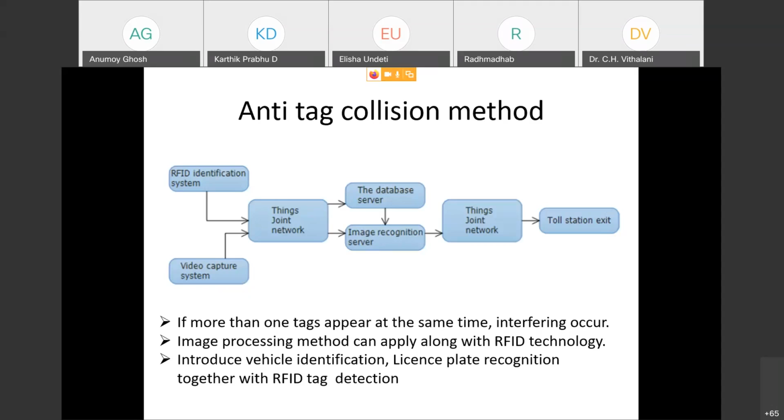One thing that happens is image processing: along with the RFID identification system, there is an image processing block where a camera is fitted, which can see all the cars within its range. With that image processing system it will verify the RFID system, and then it will be able to understand from which car a particular tag information is coming.